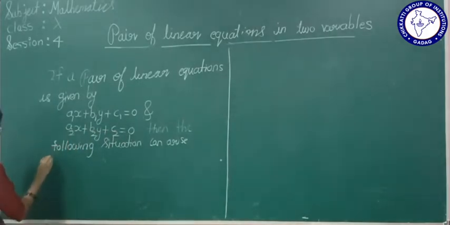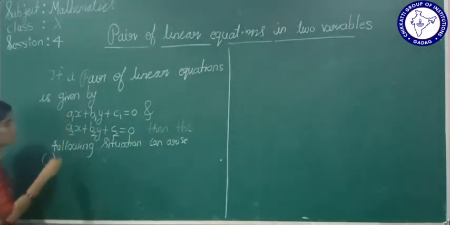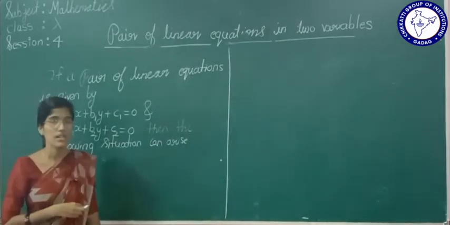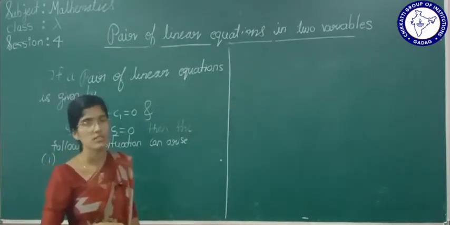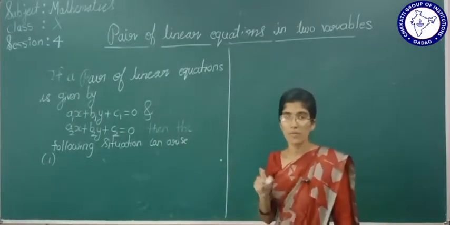See, by finding the ratios of the coefficients we can tell whether the lines are intersecting, parallel or coincident.